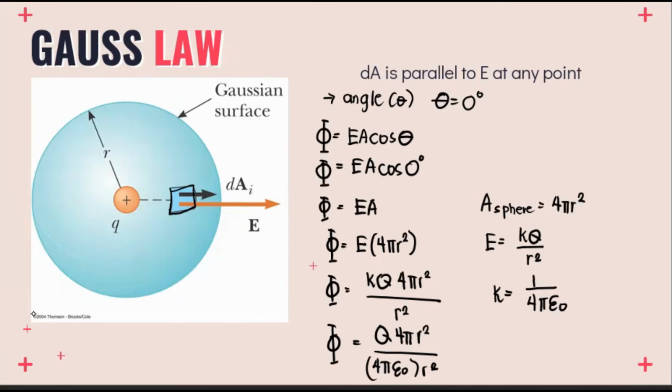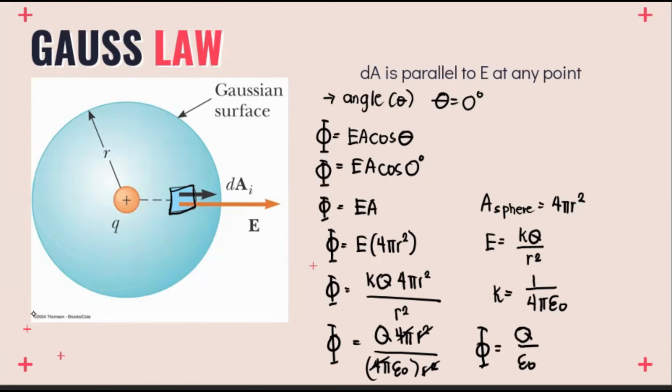So, meron na tayong may ka-cancel. So, you cancel out 4 pi, cancel out r squared. So, malilive na lang po tayo ng equation of electric flux, which is Q over epsilon naught.